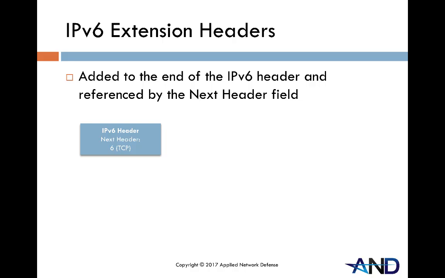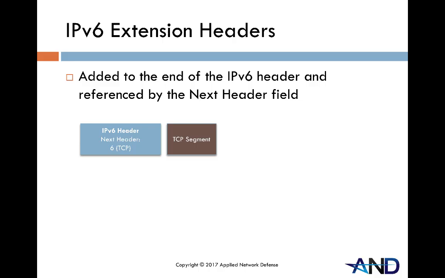Now, in a typical scenario when there are no extension headers, the next header field will identify what the transport layer protocol is. So in this case, it might identify that it's TCP using the value 6. That tells the recipient system to dissect the following data as TCP, and then that data would be followed by a TCP segment. That would be the breakdown of that part of the packet there.